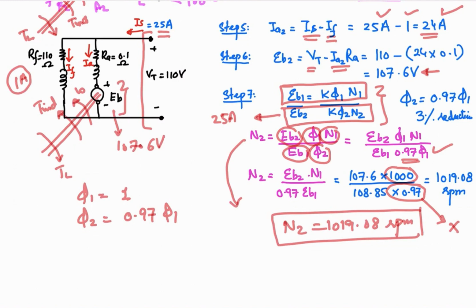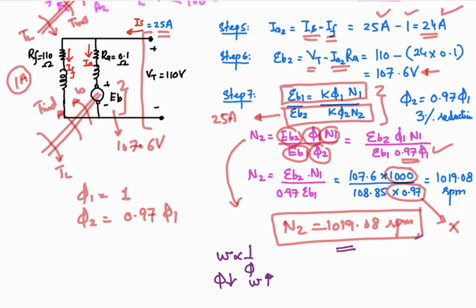Armature reaction is going to reduce the flux that is available at the pole by 3%, and you know that the speed of the machine is inversely proportional to the flux. So if the flux is going to reduce, the speed is going to increase, and that's why you observe the increase in the speed over here.